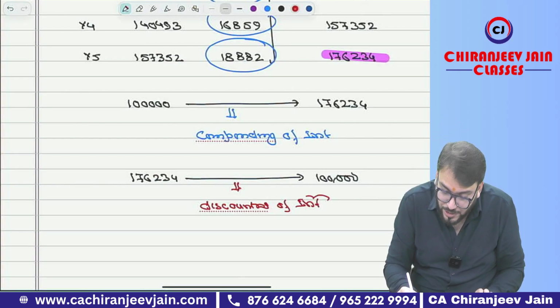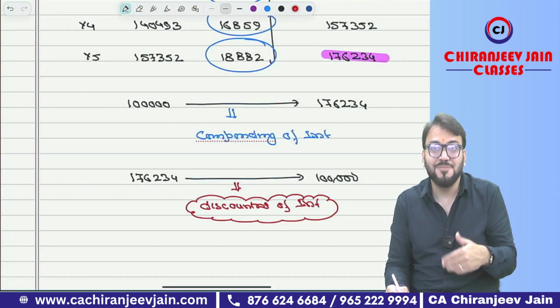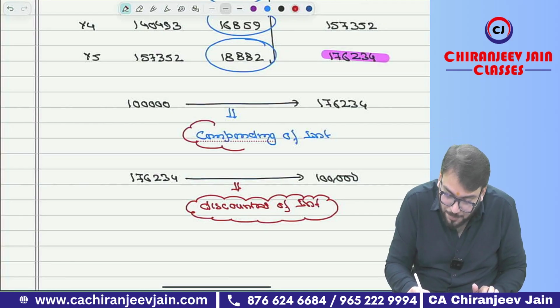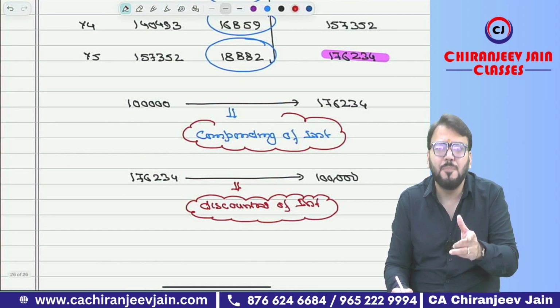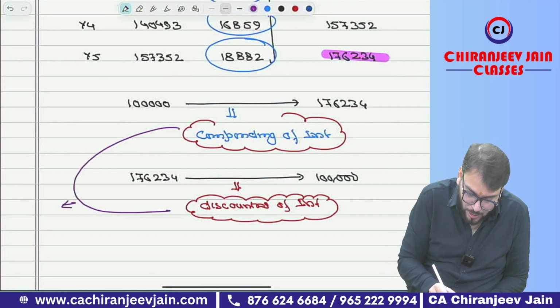So this is known as discounting of interest. Got this point? Are you able to understand? Correct. So this is known as compounding of interest. This is known as discounting of interest in your FM terminology or mathematics.